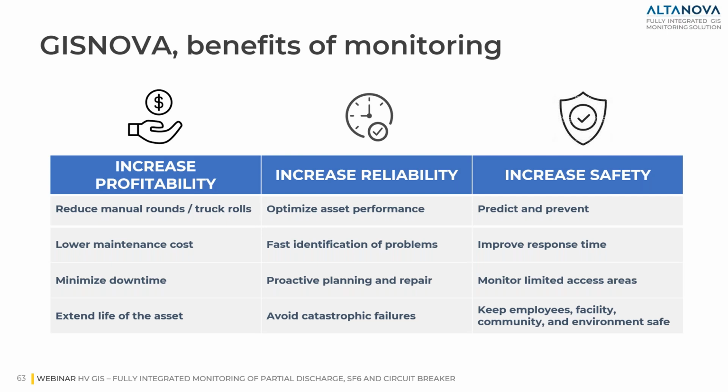Gentlemen, we are at the end. Sorry, I took a few minutes more than planned for our discussion. This is our closing and last slide. We started our presentation discussing strategies to mitigate risk about GIS, and thanks to the global monitoring system based on SF6 monitoring, circuit breaker, and PD, we can have a better visibility of the status of the GIS.